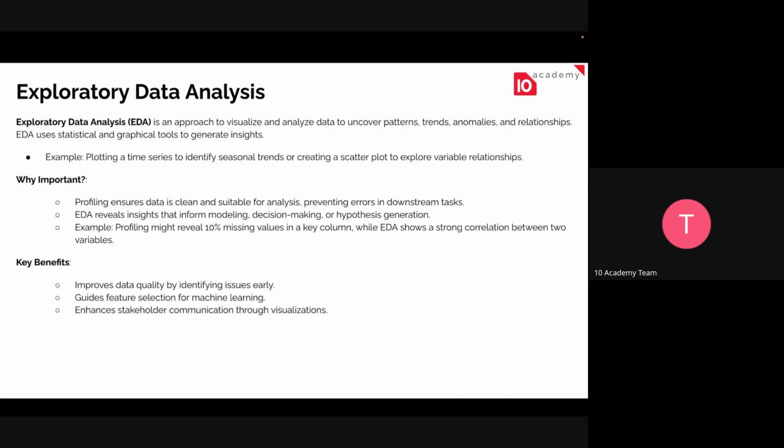What you could expect, or the key benefits from EDA, could be improved data quality by identifying issues earlier, guiding the feature selection for machine learning, and enhancing communication through visualization. So you're going to be using these visualizations to explain to your stakeholders.